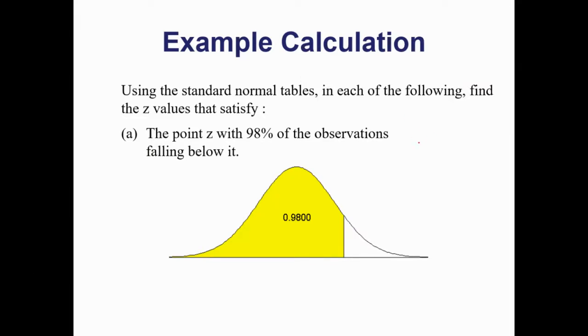We want the probability that Z is less than Z star to equal what? If I want 98% to be below, what do I want my probability to be here? 0.98. That's what I'll look for in my chart.